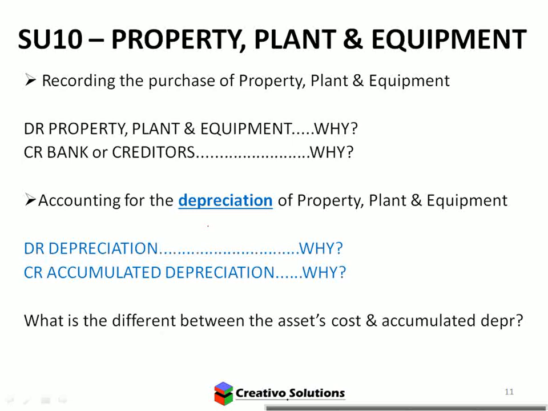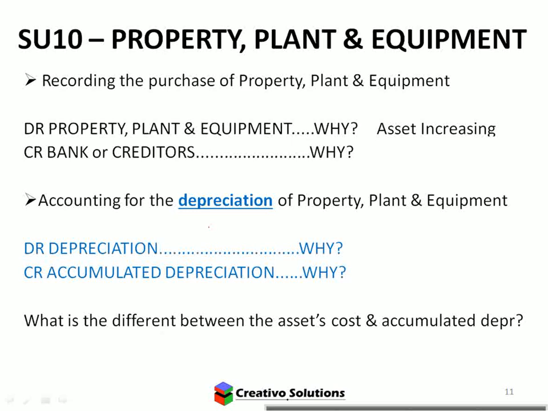It's an asset that's increasing. That's why I debit it. Do you agree? So always remember the reason why you're doing something, not just because I studied it. Right, so property, plant, and equipment is going to be debited because, number one, it's an asset. Number two, it's increasing. I've got more of it.